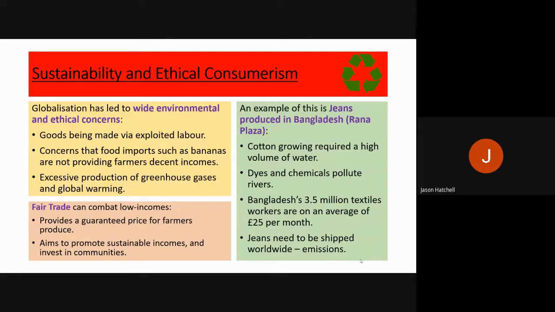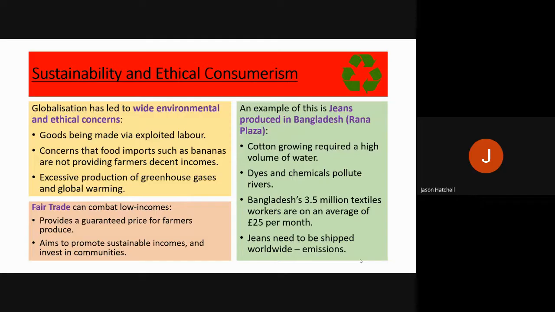And then we also finally had the idea as well of sustainability and ethical consumerism within globalization. So, globalization has led to wide environmental and ethical concerns. We have spoken before in previous EQs on globalization about the environmental problems that globalization creates, particularly the shift to the east in terms of manufacturing.